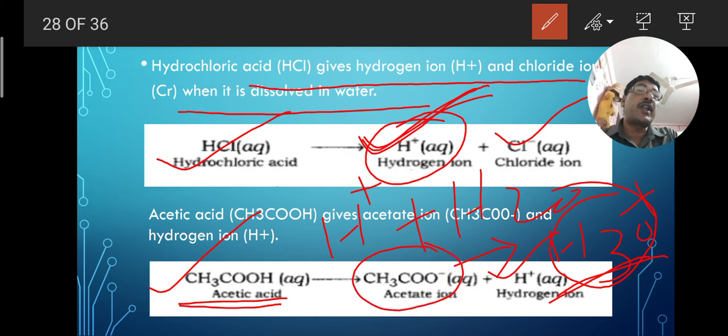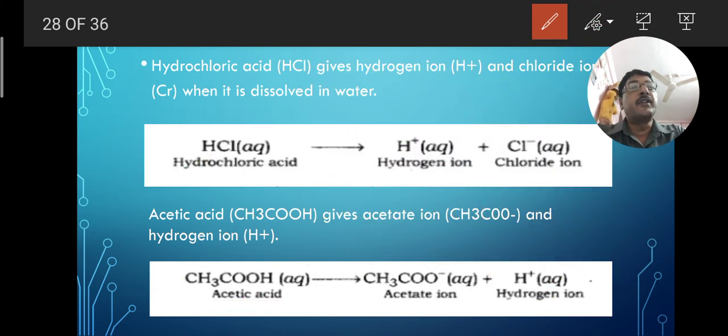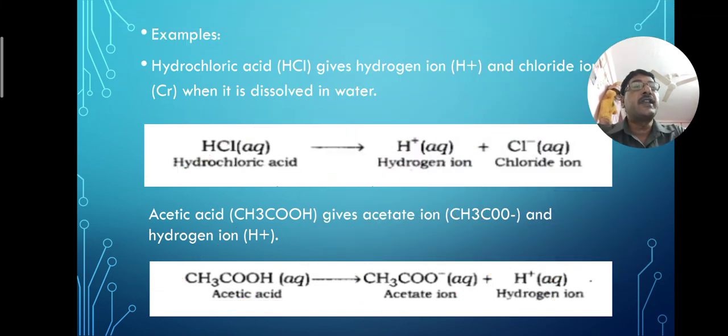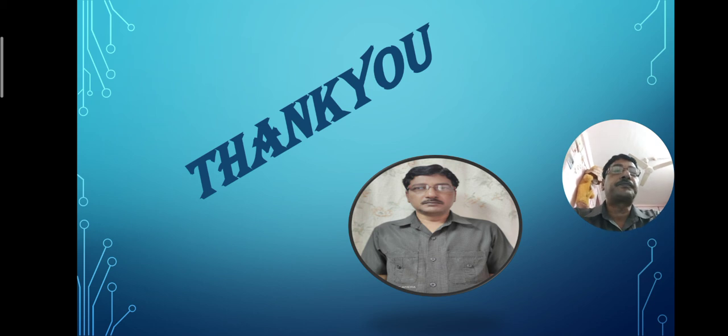As they are producing hydrogen ion, they are considered acids. If any other compound contains the hydrogen atom but is unable to produce hydrogen ion, then we can say it is not an acid. From these examples, I think it is clear to all of you.